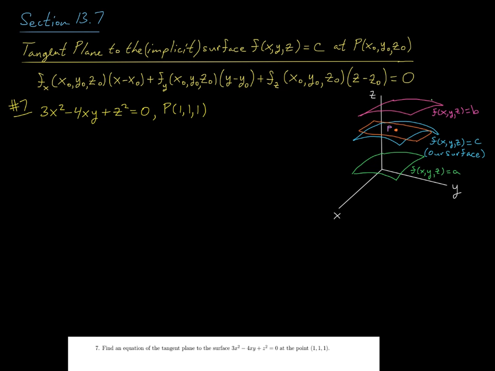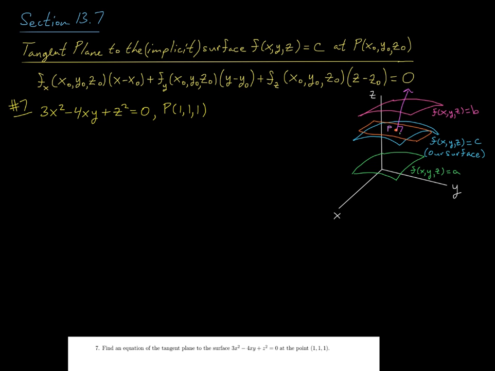So here in this picture off to the side, we're going to think about our given surface as a level surface of this function f. And if I'm looking at, say, this point P on our surface, then that theorem says that the gradient vector at P will be perpendicular to our surface here.